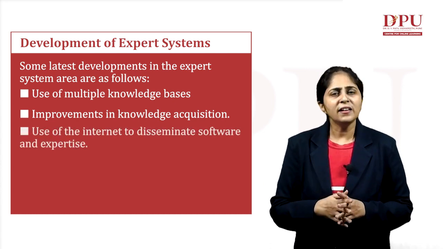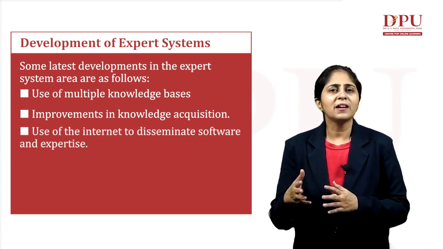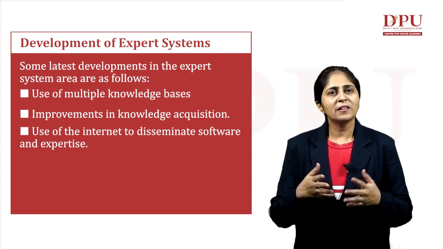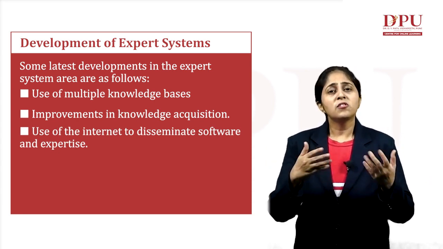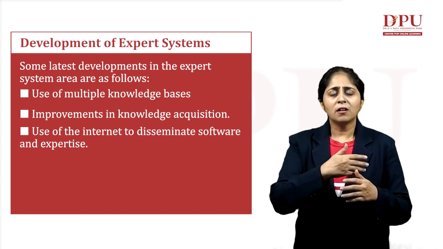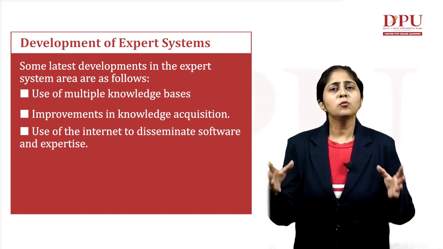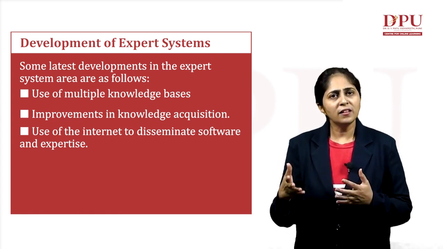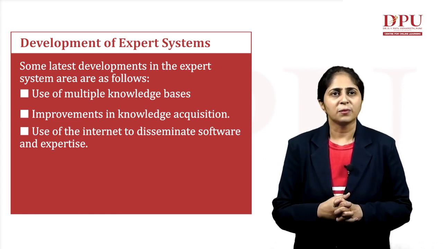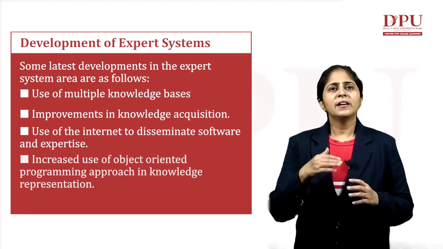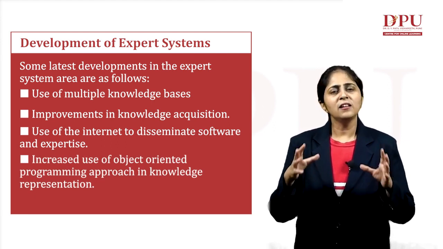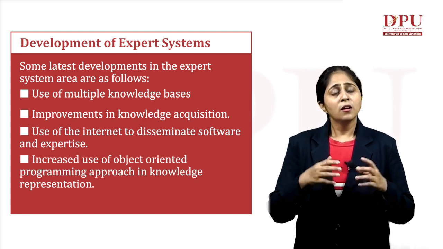Then, the use of the internet to disseminate software and expertise. Obviously, today the solution for all problems is the internet. We can distribute our software, share our knowledge, and use expertise with the help of the internet. So that is another development in this field. Then we have increased use of the object-oriented programming approach in knowledge representation.